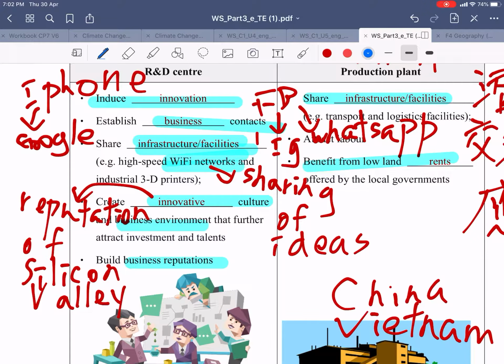For example, oh, I work in Silicon Valley. It sounds very fabulous, right? But actually, maybe I'm just working as a sodium or cleaner. Do you know what a sodium is? A cleaner in Silicon Valley. But still working in Silicon Valley, so very good. So this is a reputation.